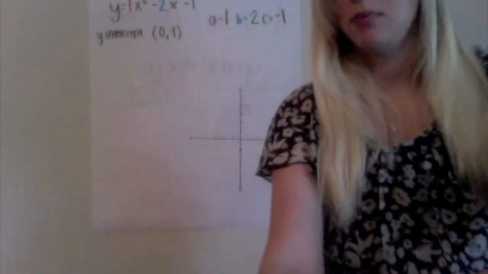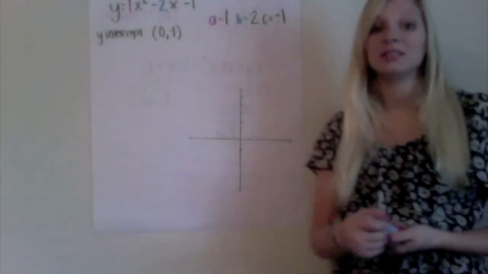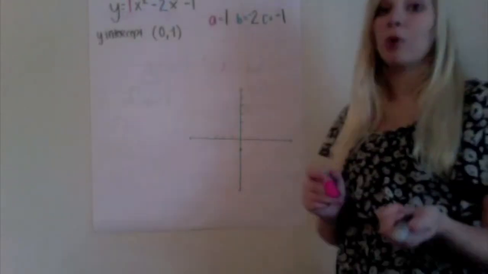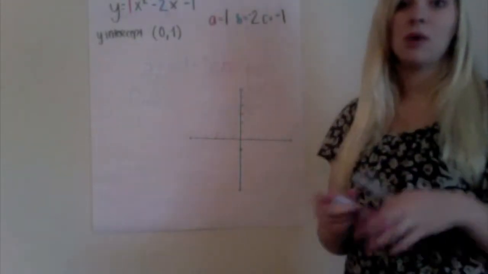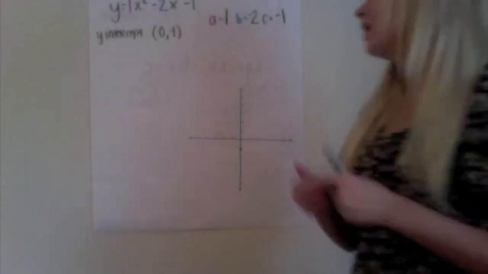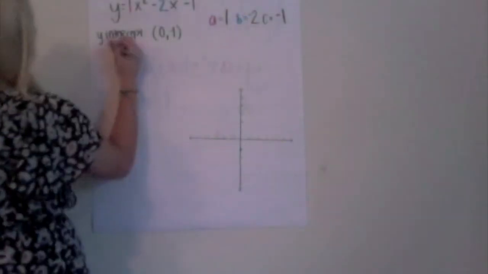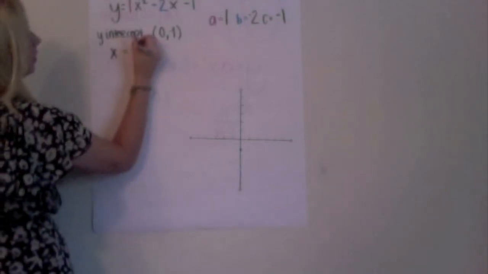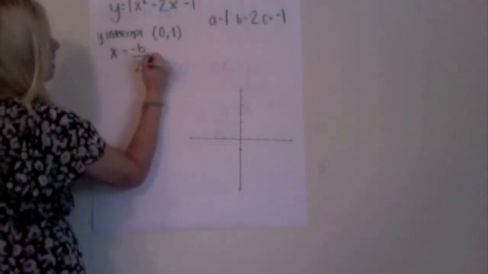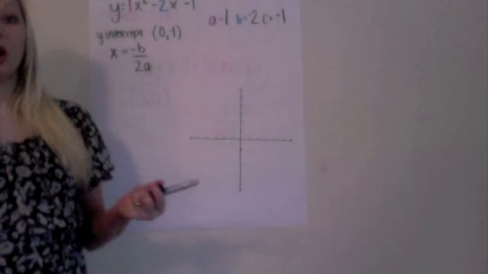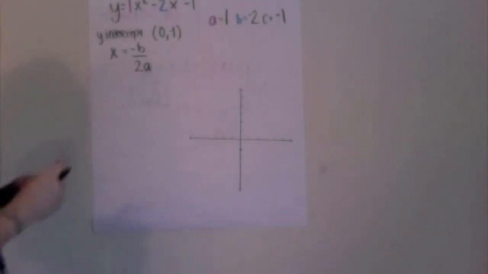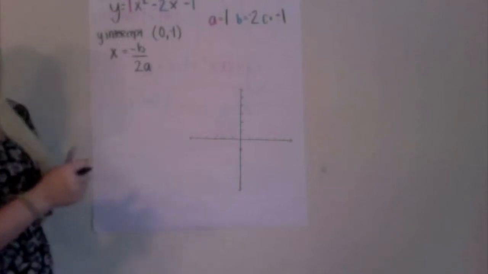Our second step is to find the axis of symmetry. Now, the first thing we need to do is remember our equation. Does anyone remember what it was? That is so right. x equals -b over 2a. We already know what our b is, and we already know what a is. So that means we can plug in and find our axis of symmetry.